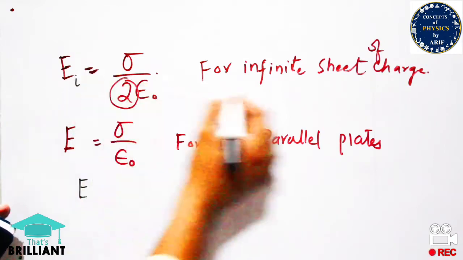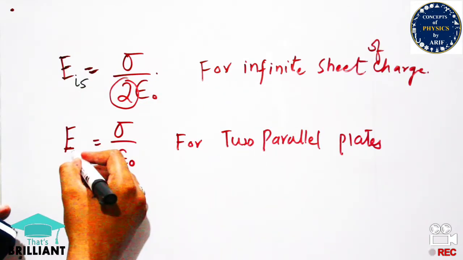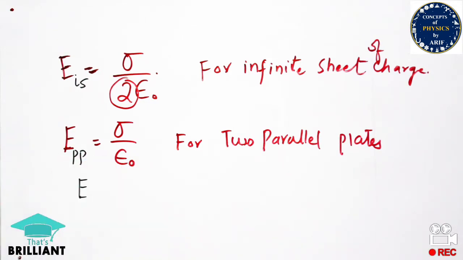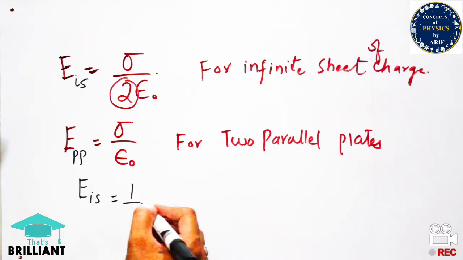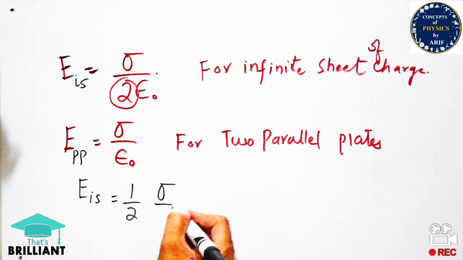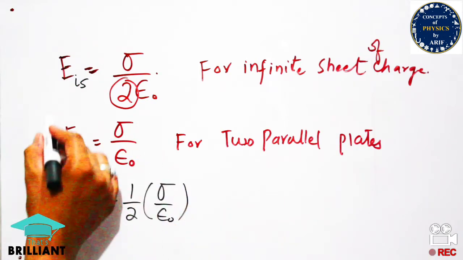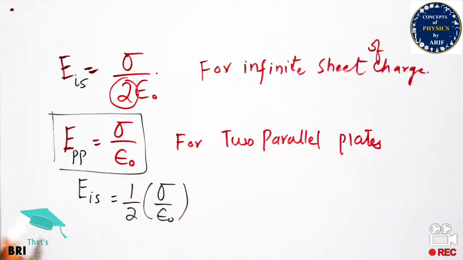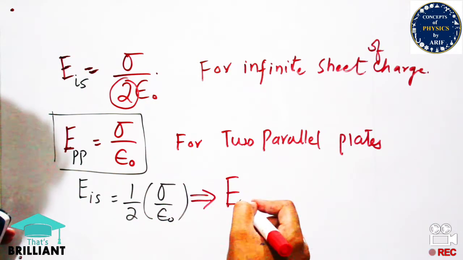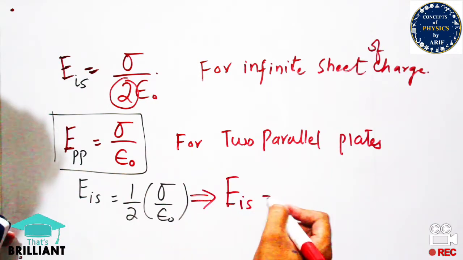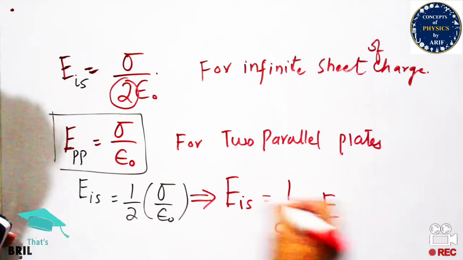So E_IS is electric field intensity for the infinite sheet, and E_PP is for the two parallel plates. So E_IS is equal to 1 over 2 into sigma over epsilon naught. We are separating this, so sigma over epsilon naught can be put in this form. So E_IS is equal to 1 over 2 times E_PP of the parallel plates.